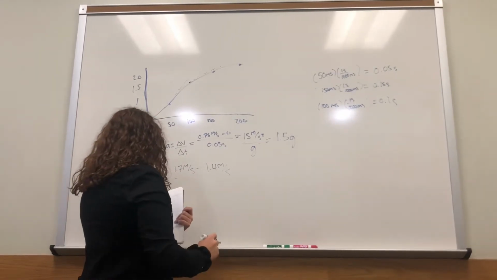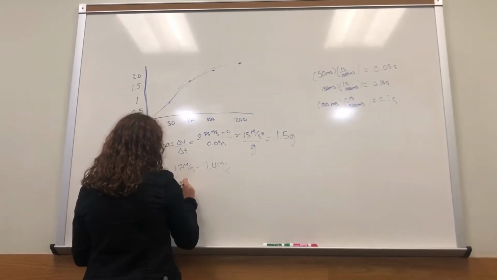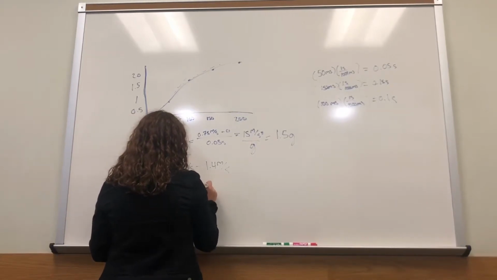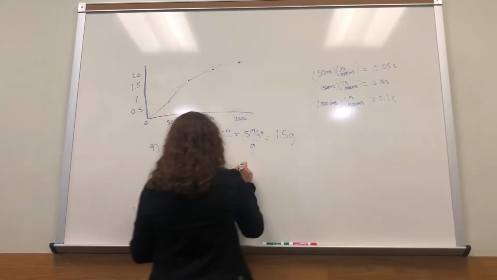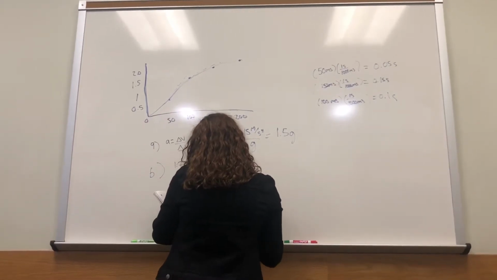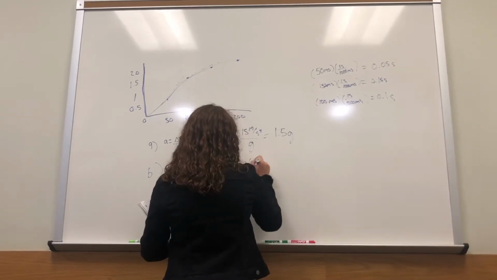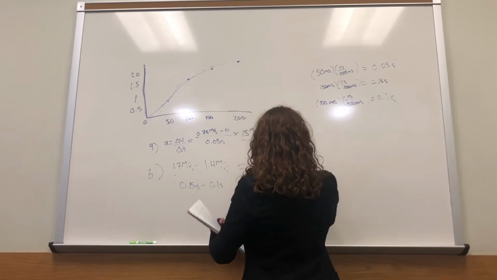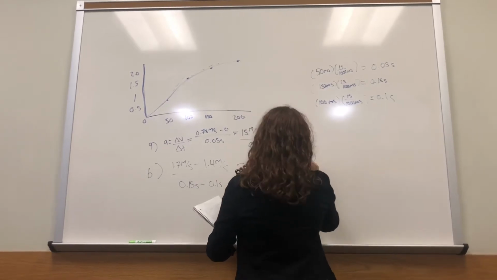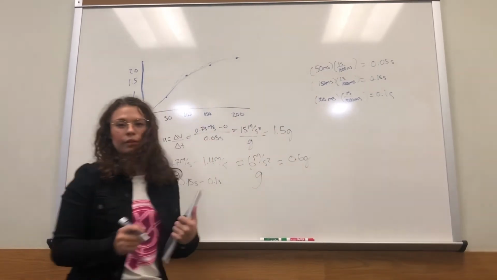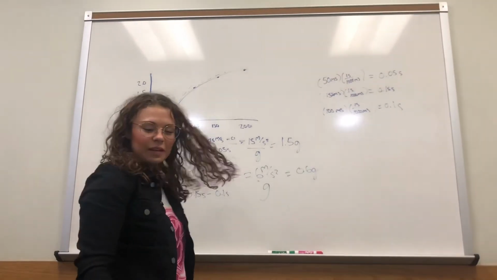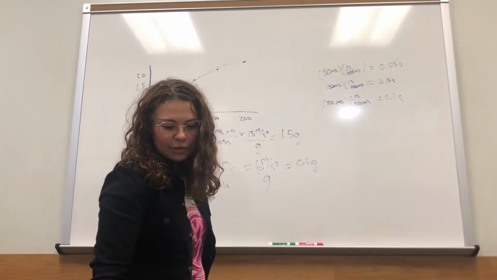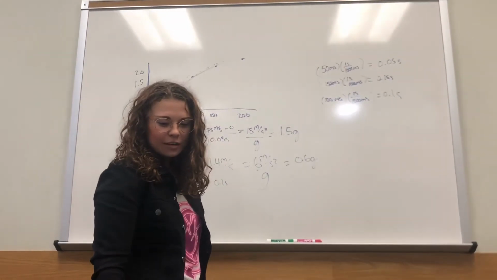And that is over 0.15 seconds minus 0.1 seconds. And once you do that, we get 6 meters per second squared. Or if you want it in G's, again, divided by gravity, and that just gives us 0.6 G's. So that's part B. Part C asks, estimate how far it travels in the first 50 milliseconds.